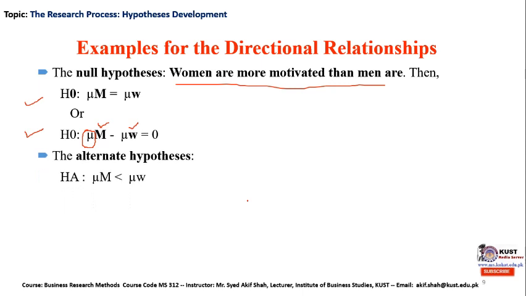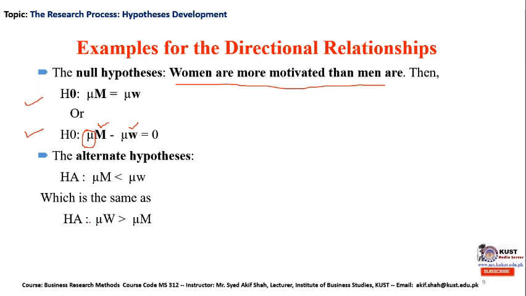What could be the alternative hypothesis, as we have studied that women are more motivated than men? So therefore, we can hypothesize the prime interest of our research, which is the alternative hypothesis, that the mean value of the motivation level of men is less than the mean value of the motivation level of women.